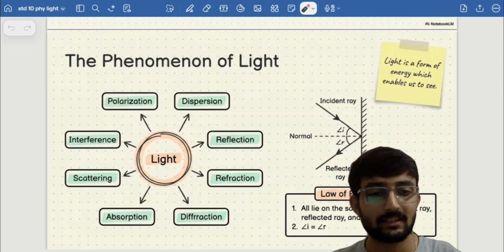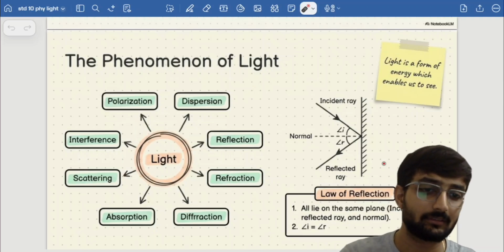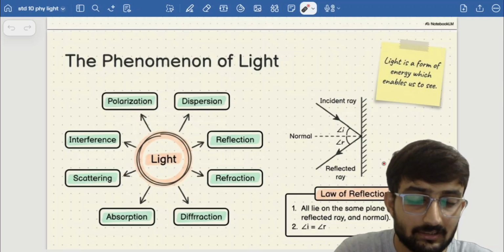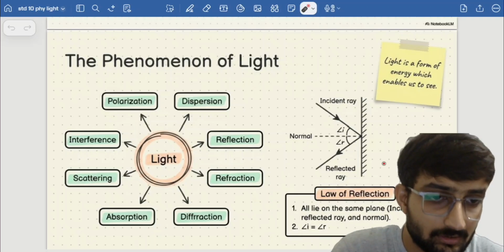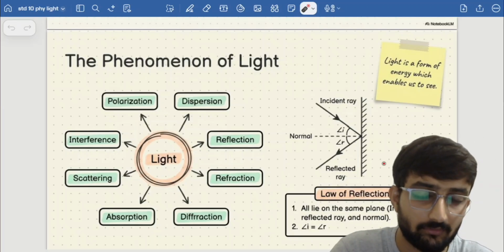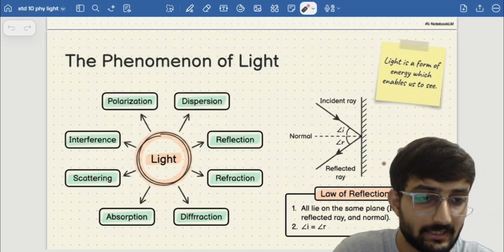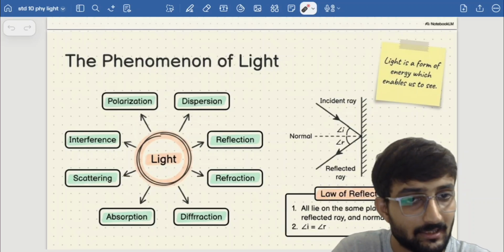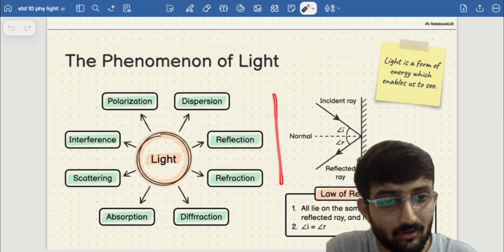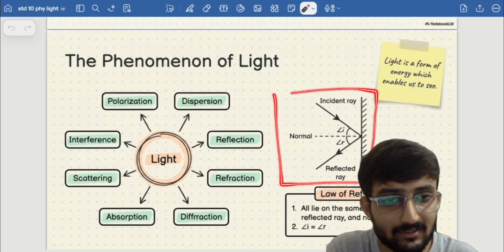So as I mentioned, reflection follows some strict rules, the laws of reflection. The first law says that everything lies in the same plane. Here, all means the incident ray, the reflected ray and the normal. As you can see, all lie in the same plane.